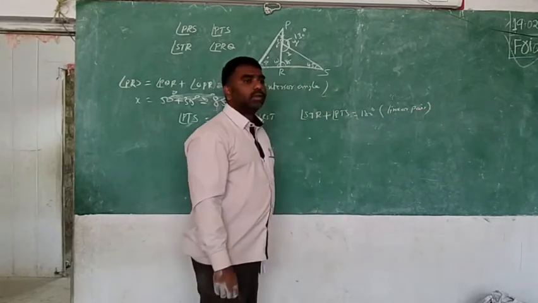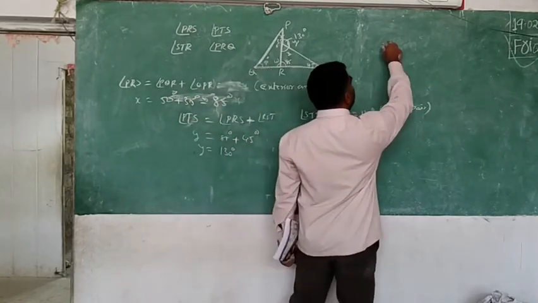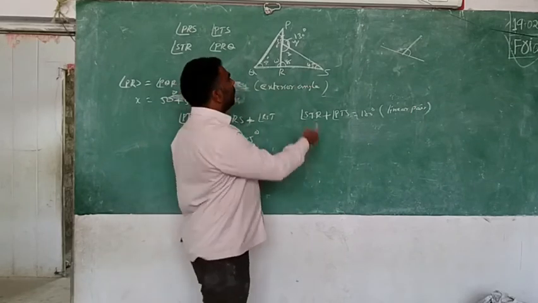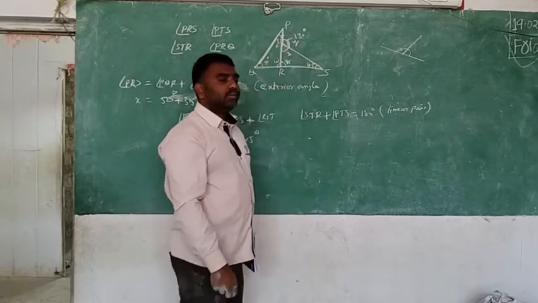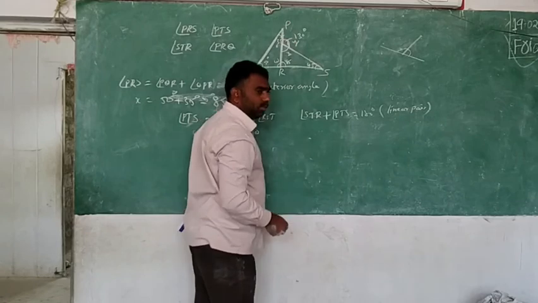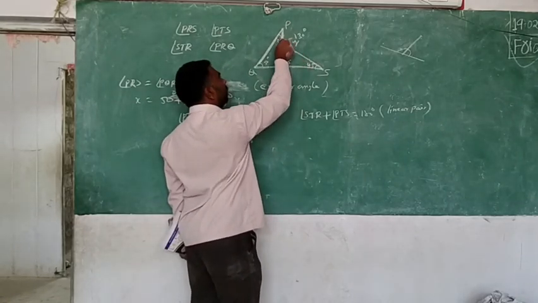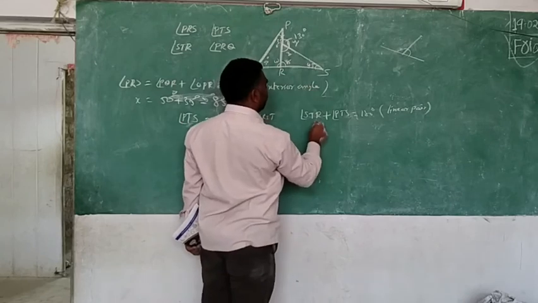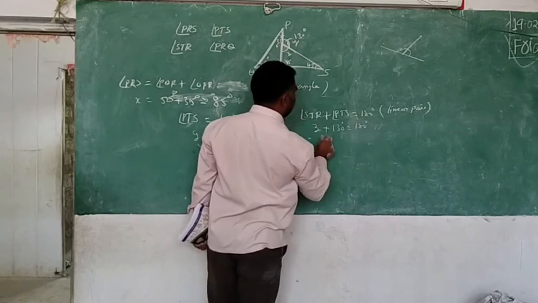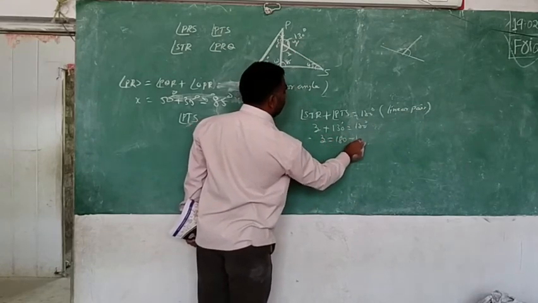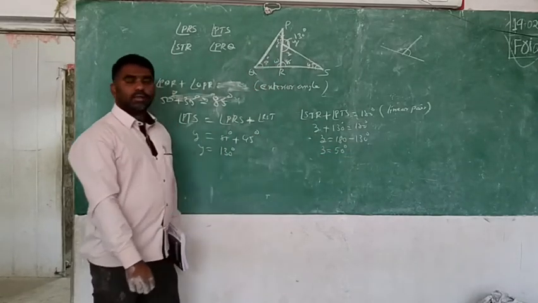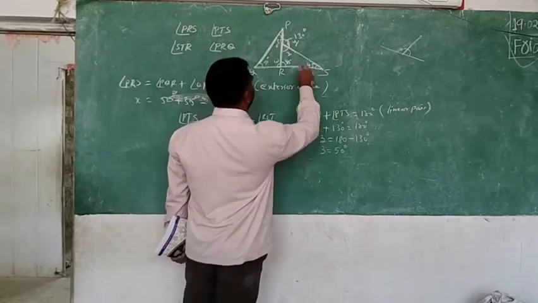Linear pair means that whenever two angles lie on one line, adding these two gives 180. Which two? SPR, PTS. Now this one is Z. Z plus 130 is equal to 180. Z is equal to 180 minus 130. So Z is equal to 50.